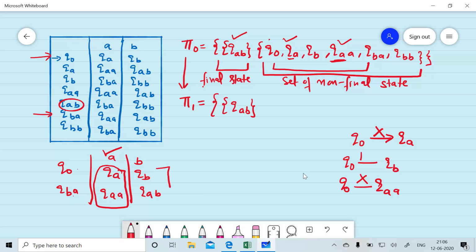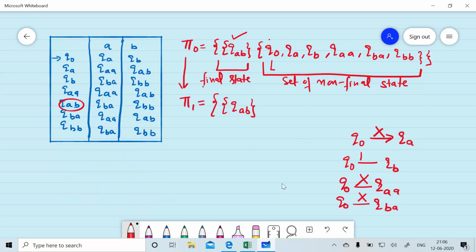Under B, it is QB and QAB. QB is in this set and QAB is in this set, so they are in different sets. What it means is they are behaving differently. So Q0 and QBA are not one equivalent.